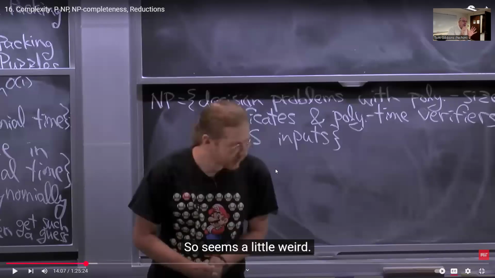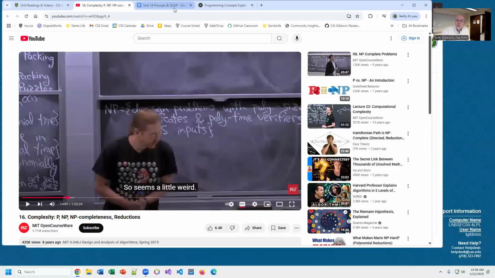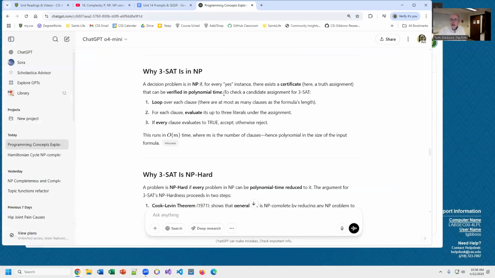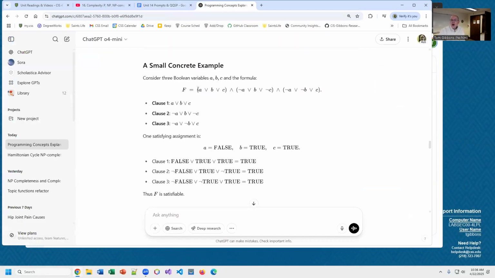So there are problems where we can't find a polynomial time verifier, but in a lot of our examples, like this one here, where we're given a 3-SAT equation and the assignments, it is relatively easy, certainly polynomial time, to plug those in and determine if that's true or not.